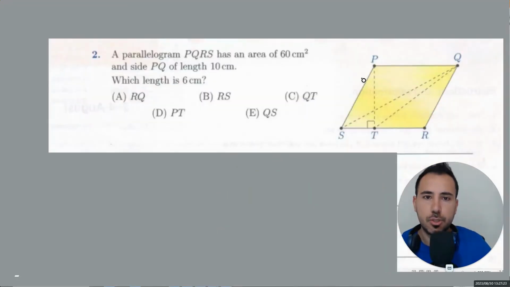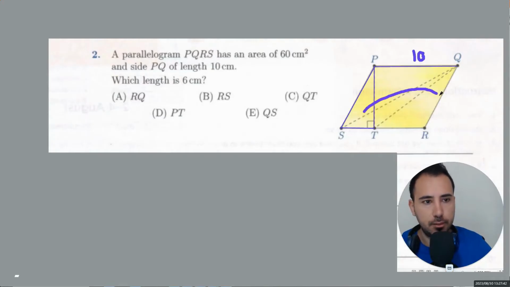Question 2. We know that PQ is 10, and the area is actually 60. If I cut this triangle and move it all the way to here, the shape we'll have will be a rectangle like this.